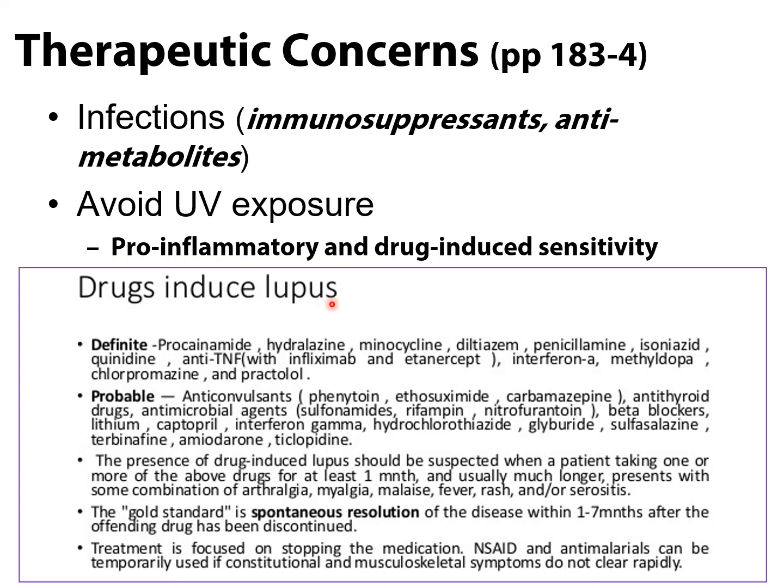Another thing about lupus or in some of these autoimmune disorders is that these drugs that are listed here have a propensity for inducing lupus flares or lupus recurrences. And so it's one of those things that you'll just have to have a general sense that if they're on other medications, those medications may be contributing to the lupus phenomenon that they're experiencing.